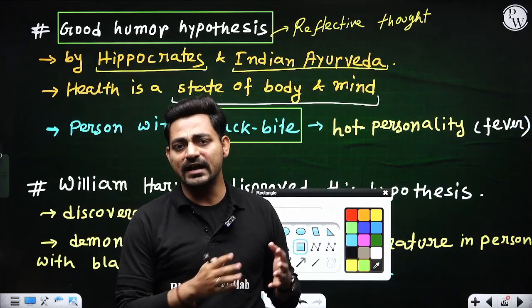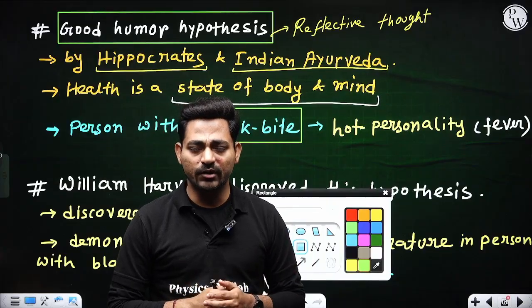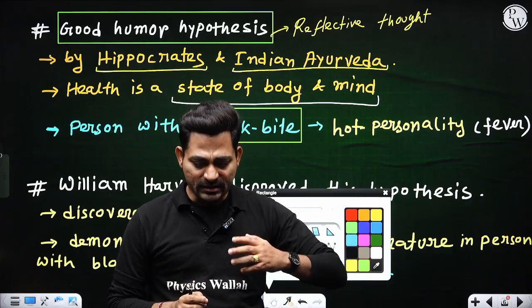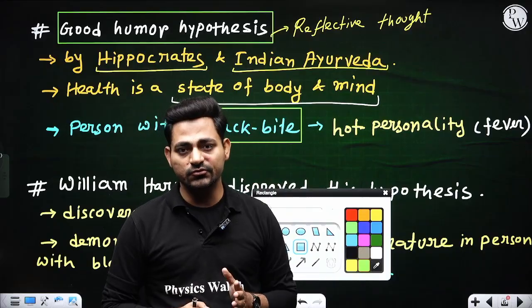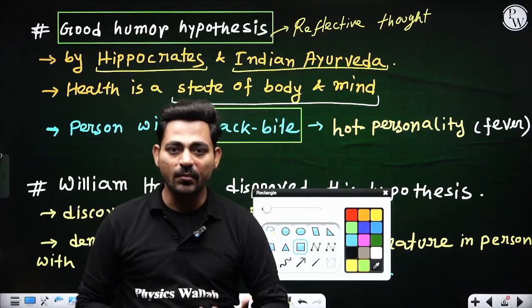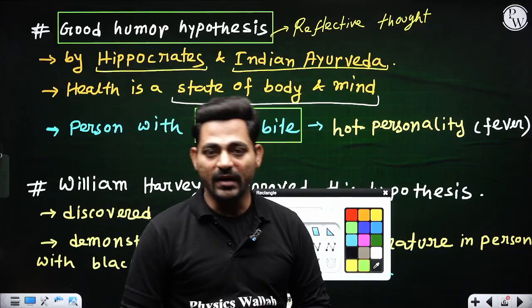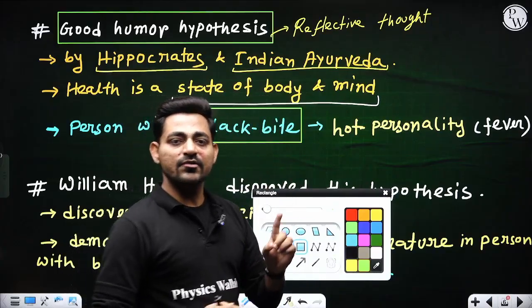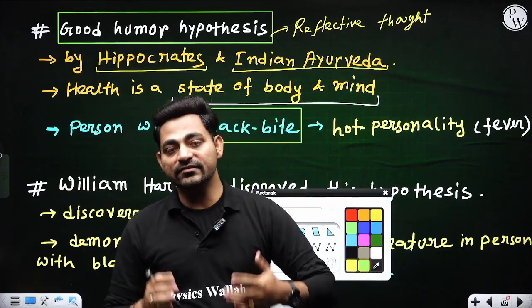You said this is a hypothetical or imaginary fluid inside our body. Black bile means if someone is vomiting or passing stool, and the color of the stool or vomit is blackish, then they used to believe that person has black bile, and that is somehow related to a cold or dry cough or fever condition.